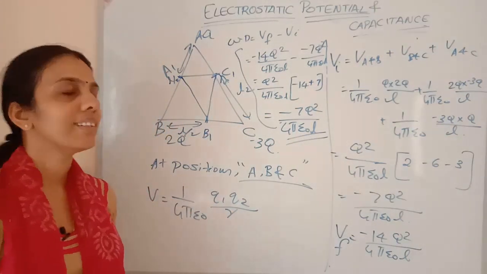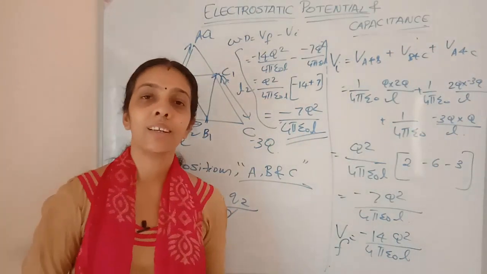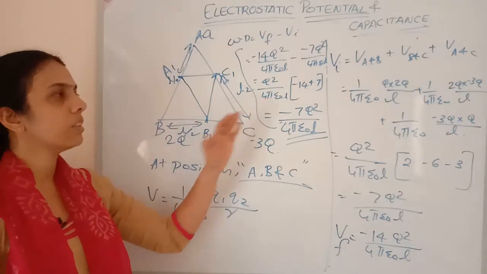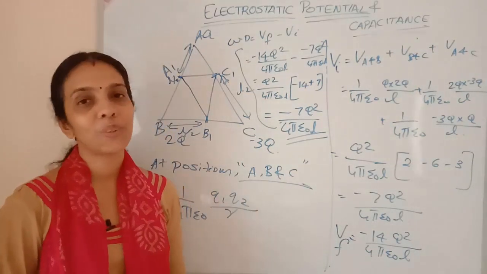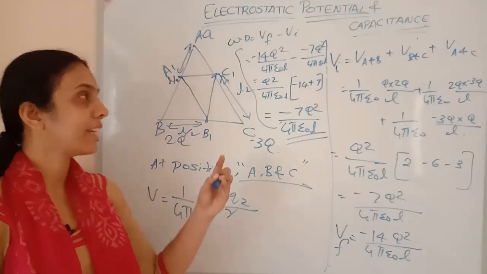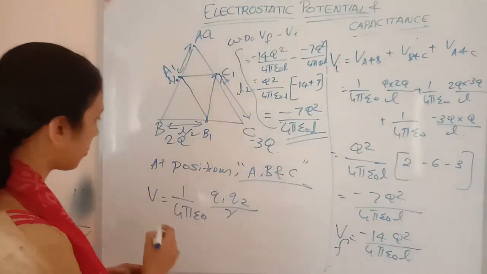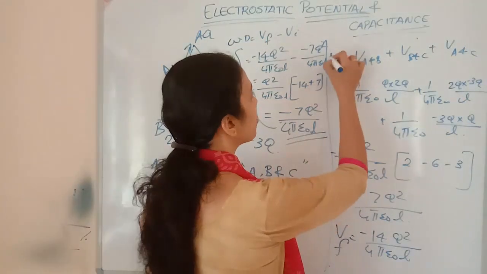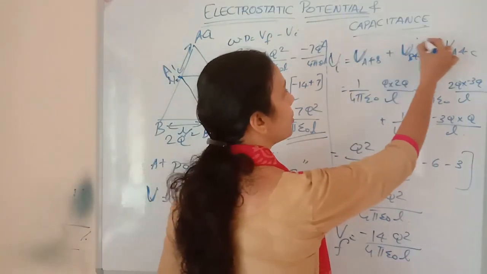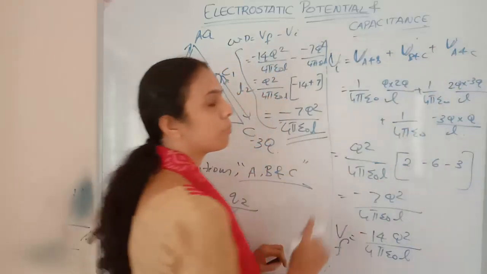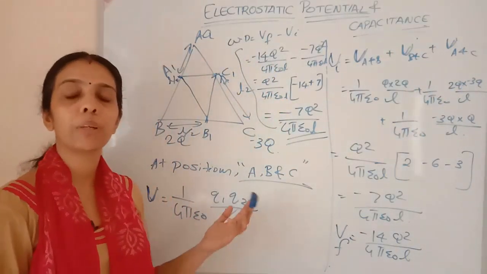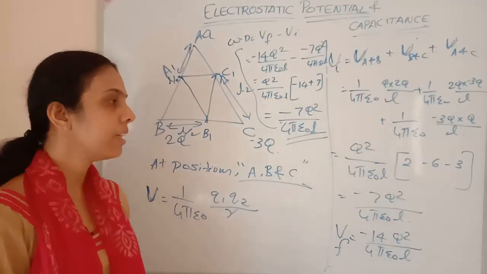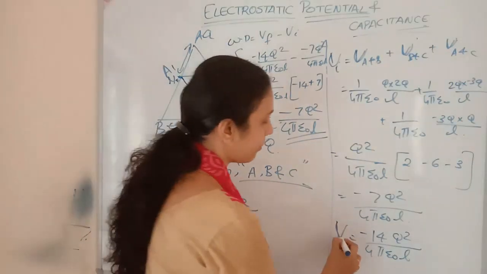Okay, clear? This is how we find the potential energy. Don't write it as V, this is U. Potential means what is the formula? 1 by 4 pi epsilon 0 Q by R. This is Q1 Q2 divided by R. Potential energy only we are finding out.